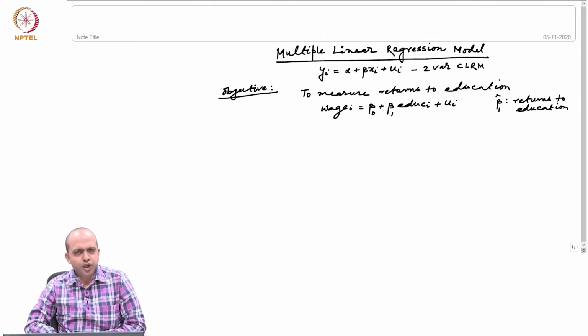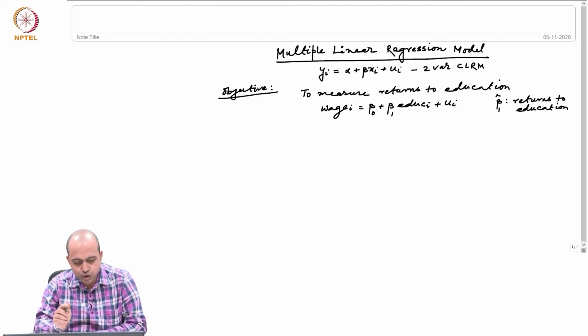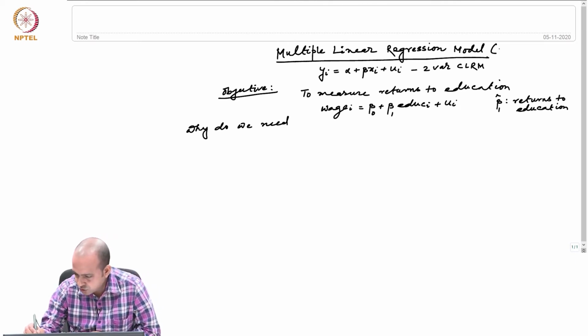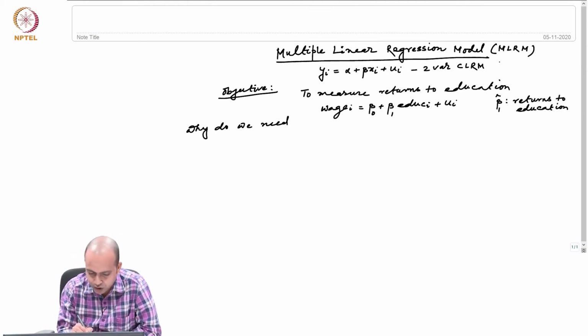Now, when we think about the multiple linear regression model, first of all we need to understand why we need a multiple linear regression model.